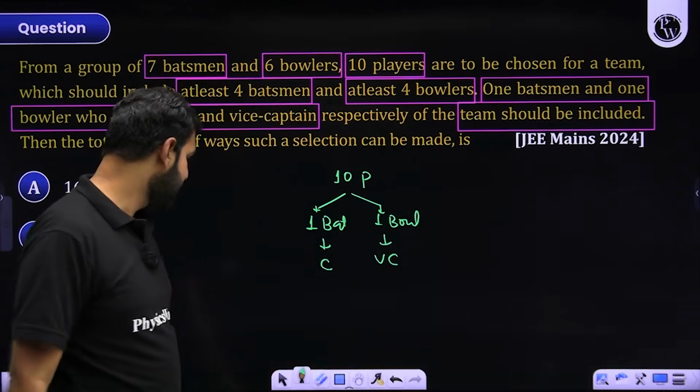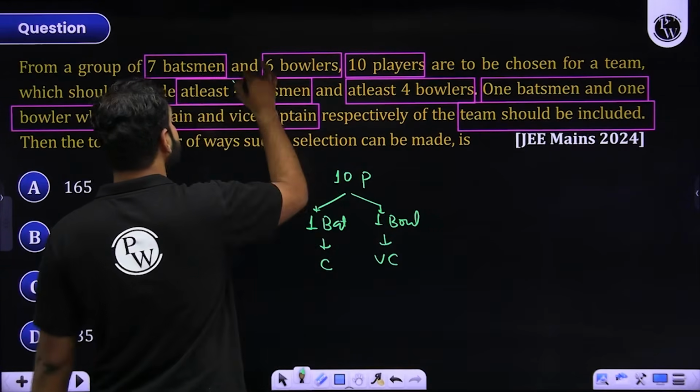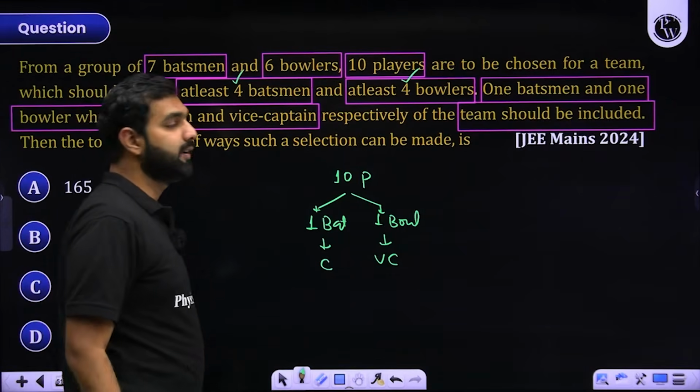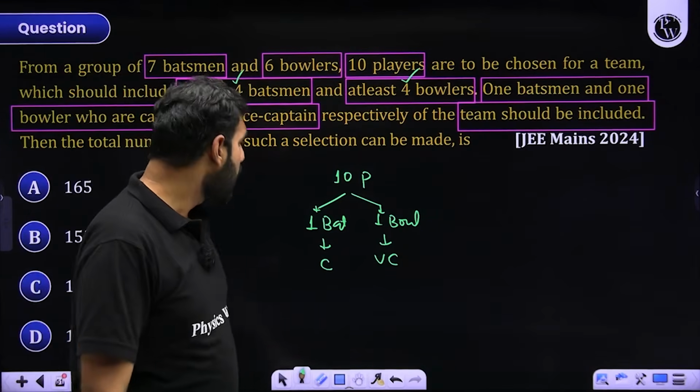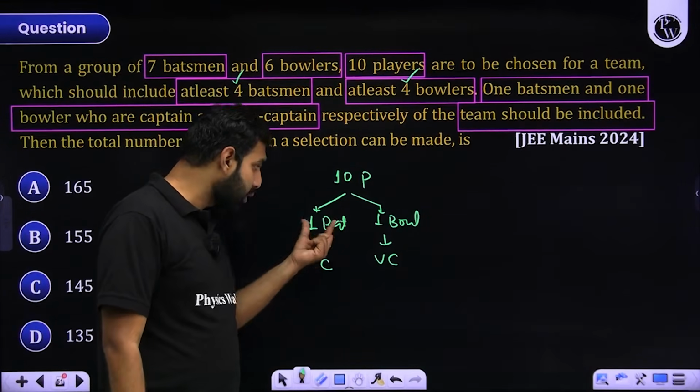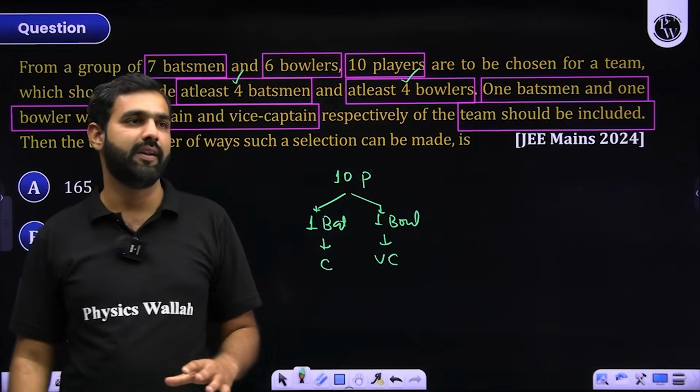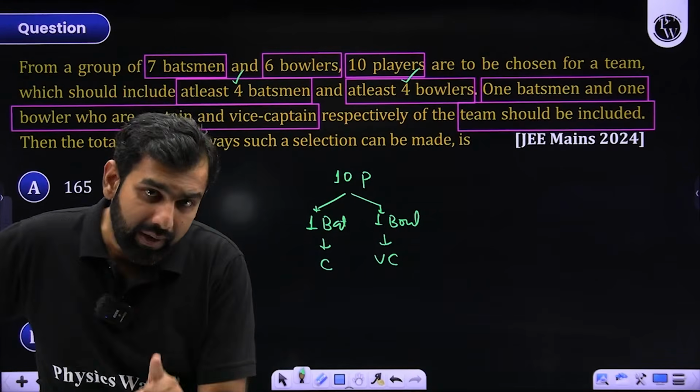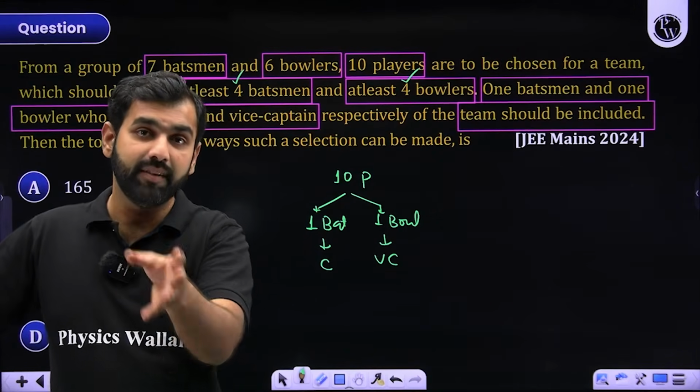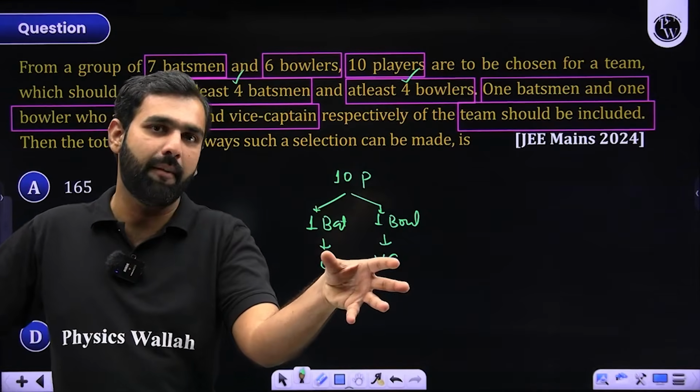So do you not think that when they were saying you should have at least 4 batsmen and at least 4 bowlers, now your condition should be at least 3 batsmen and at least 3 bowlers, because one batsman and one bowler is bound to come as captain and vice captain.